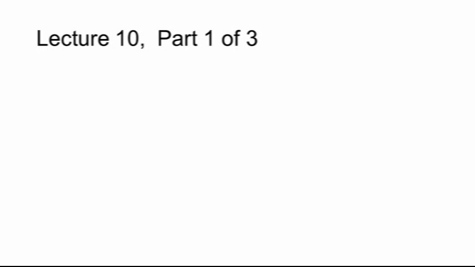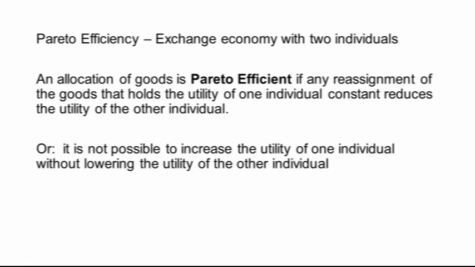We're continuing our examination of markets, though now what we're going to look at is an exchange economy where we're not producing goods, but we have a certain amount of goods out there distributed between individuals. Can we use a market to find a way to make those individuals better off?